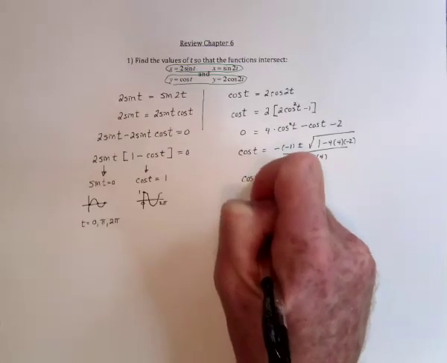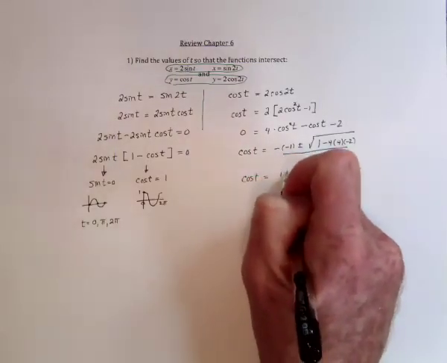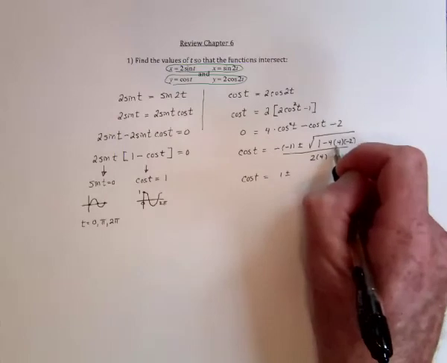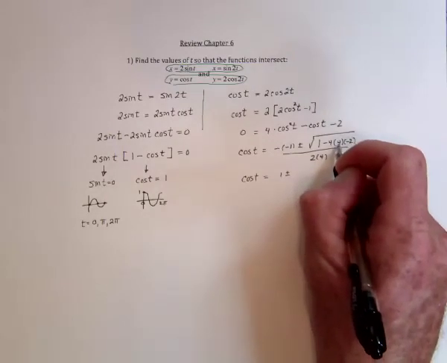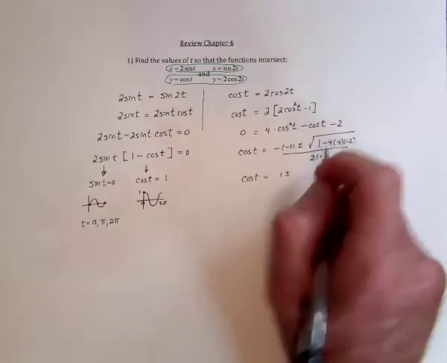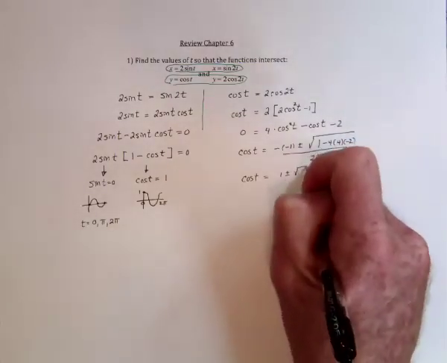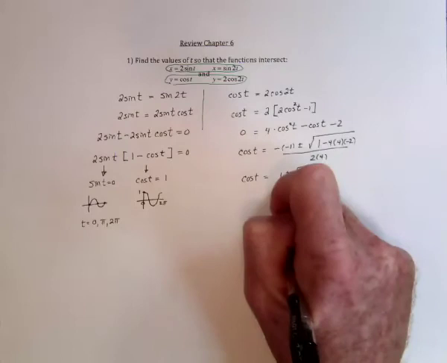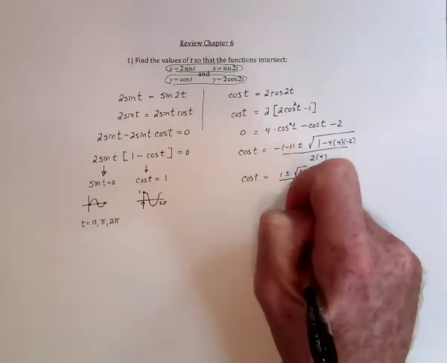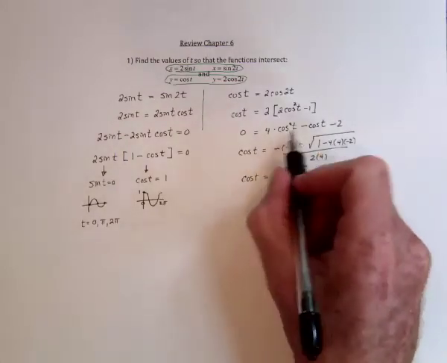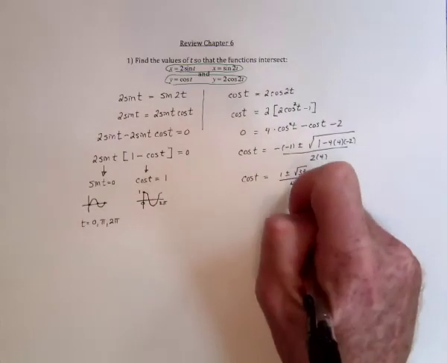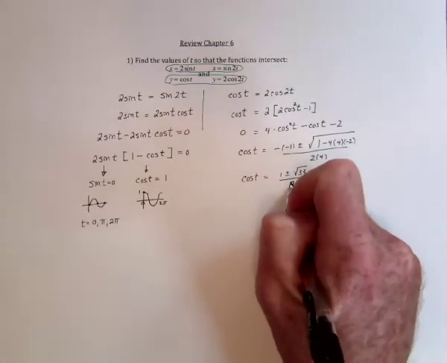So cosine of t is equal to 1 plus or minus the square root of 33. This is going to be positive, and it's an 8, 16 times 2 is 32, with 1 makes 33. And by getting a 33 in there instead of a perfect square, that tells me that this one over here would not factor, that I did actually have to use the quadratic formula.